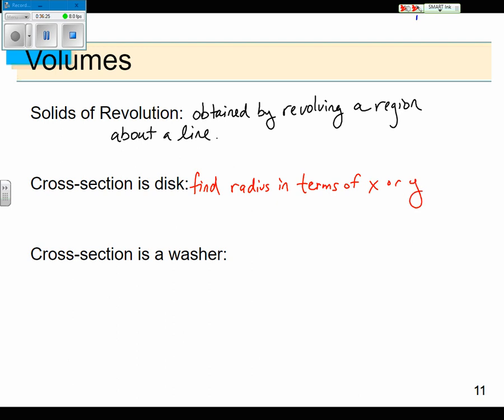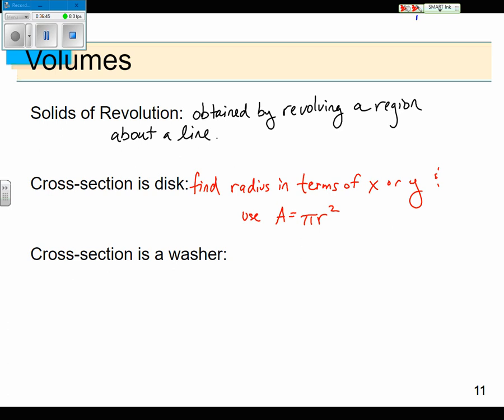It's going to be x if all my disks are stacking in the x direction, and y if all of my disks are stacking on top of one another. And we simply use the area to be pi times the single radius squared.